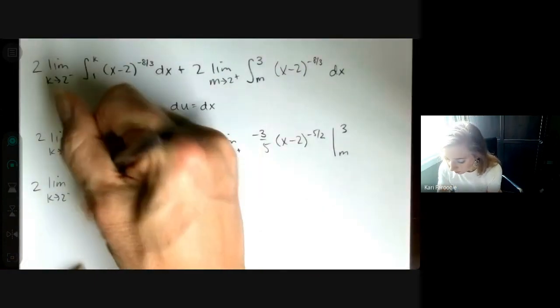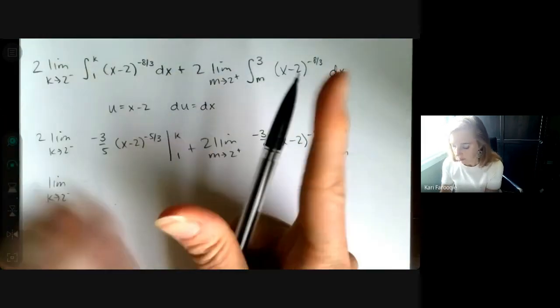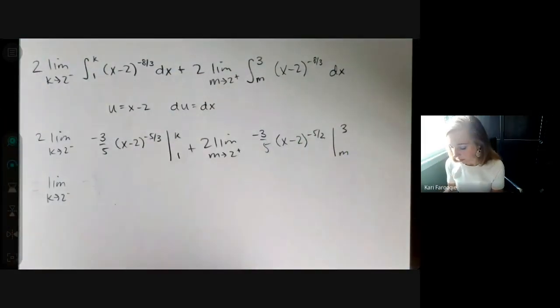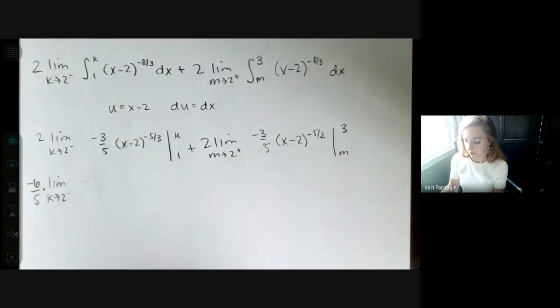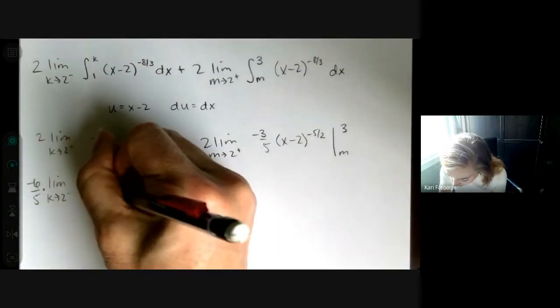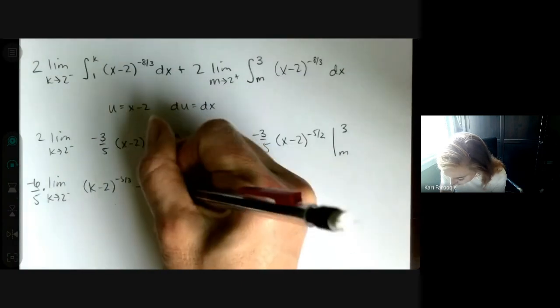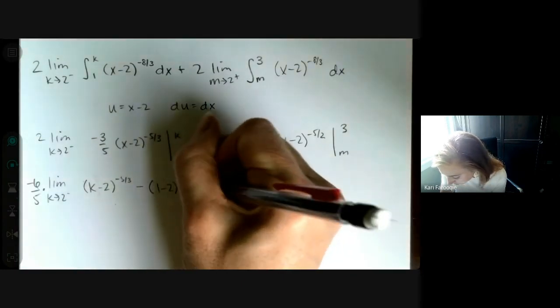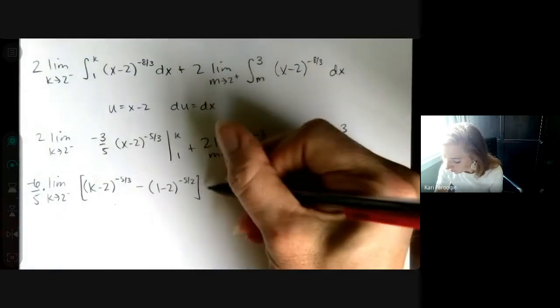I might just move it out because I want as few things as possible complicating what's happening inside my limit. So I'm just going to say this is negative 6/5 when I multiply it in. And then I'll have k minus 2 to the negative 5/3 minus 1 minus 2 to the negative 5/3.